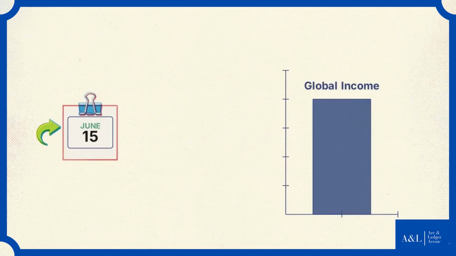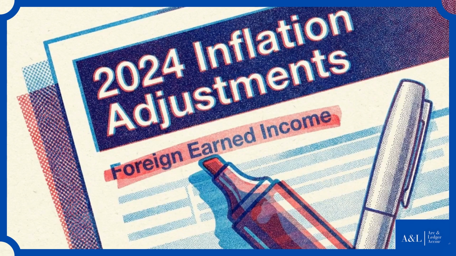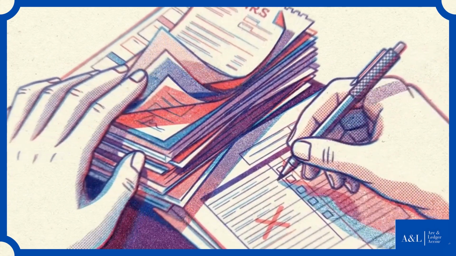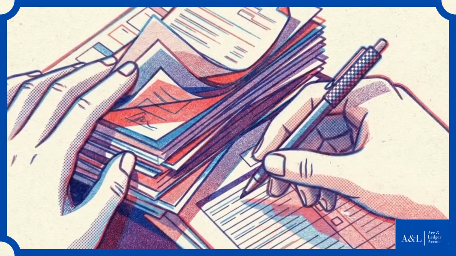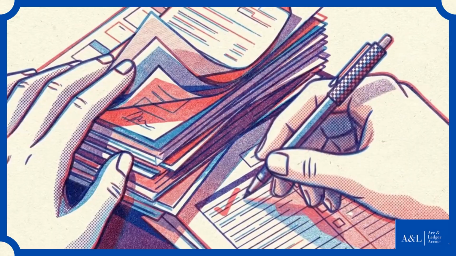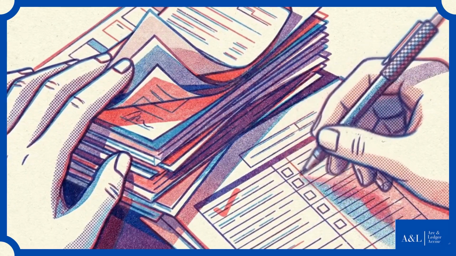To directly reduce the tax burden on your global income, you can utilize the foreign earned income exclusion. For 2024, the maximum excludable amount adjusts to $126,500. This exclusion is not applied automatically. You must meticulously file your return and report your global income to legally claim this relief.